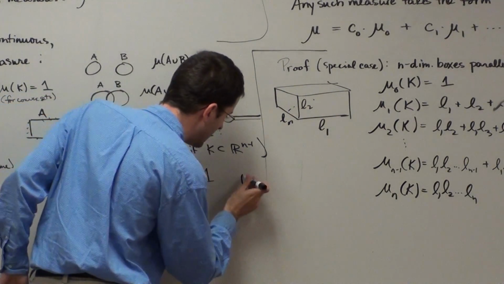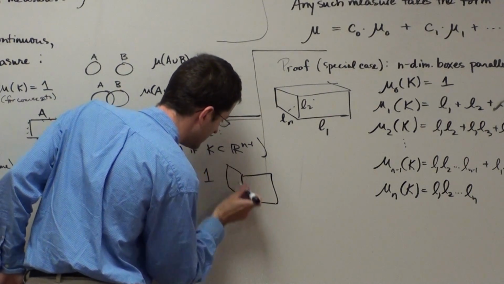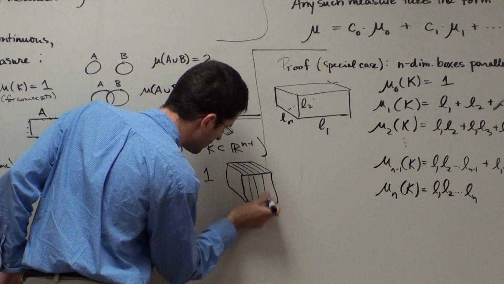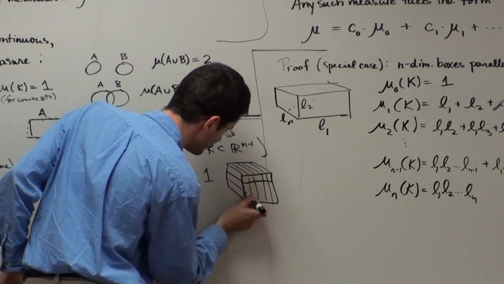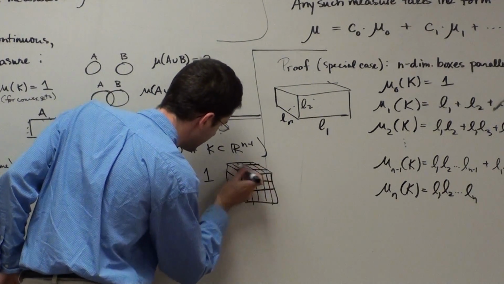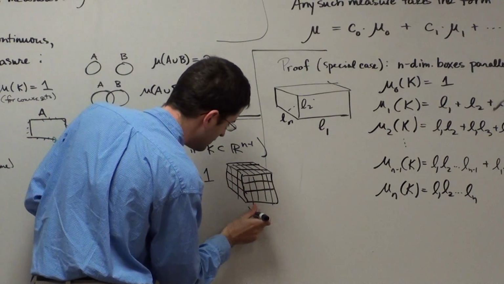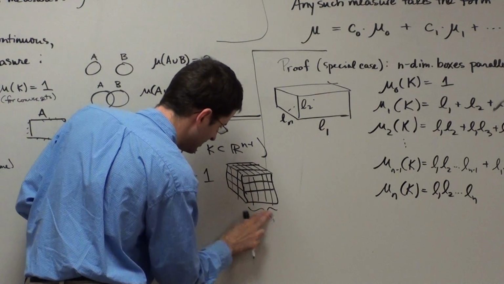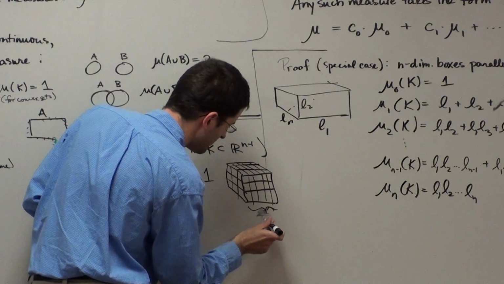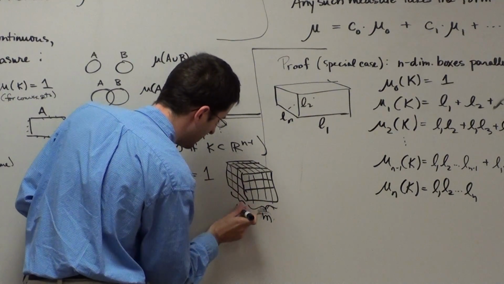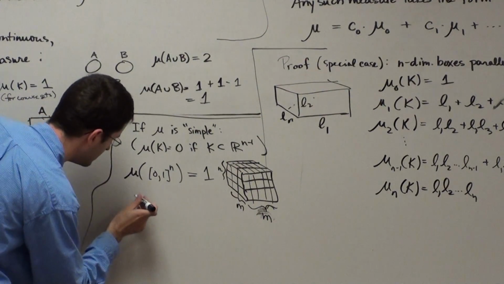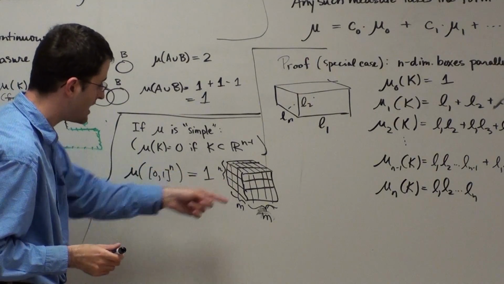So we'll just take this box, chop it up with some parallel lines, slice it up, if you like, into, let's say, m pieces that way, and m by m pieces that way. And so now, all these pieces are identical.